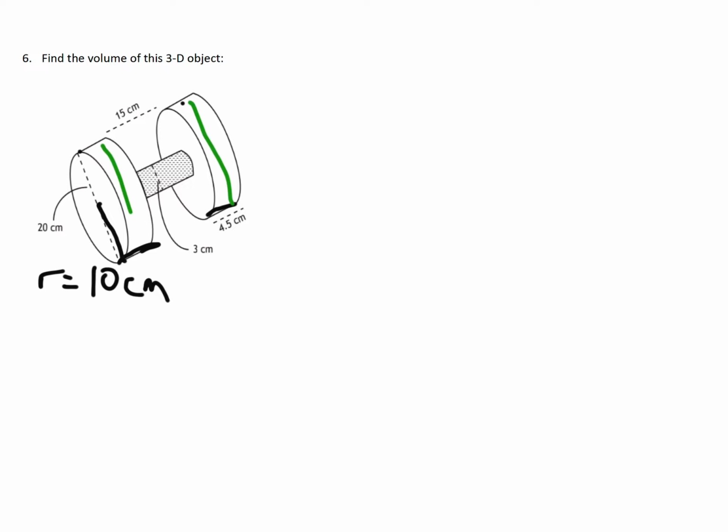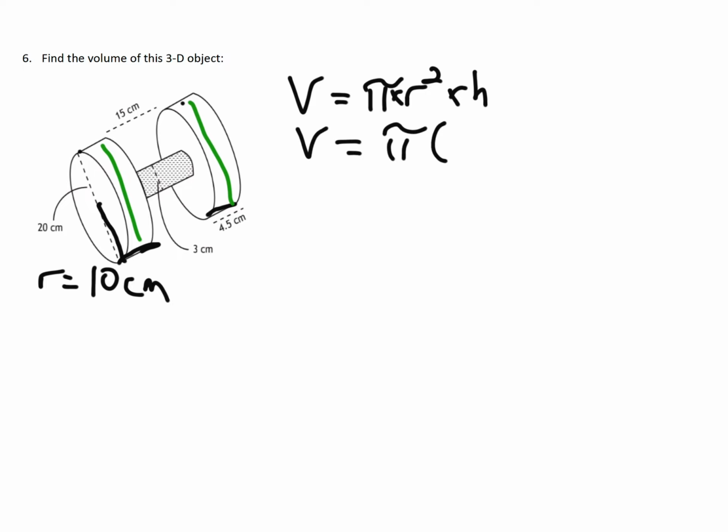So I'm going to do these 2 cylinders that I just labeled with the green pen. Volume equals pi r squared times height. Volume equals pi times 10 squared times 4.5.